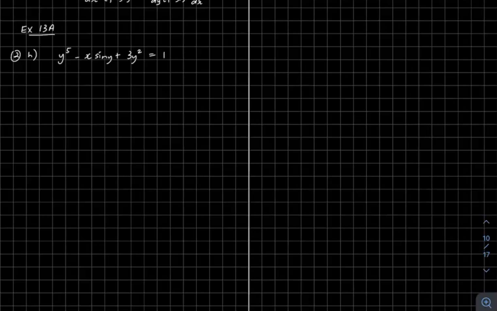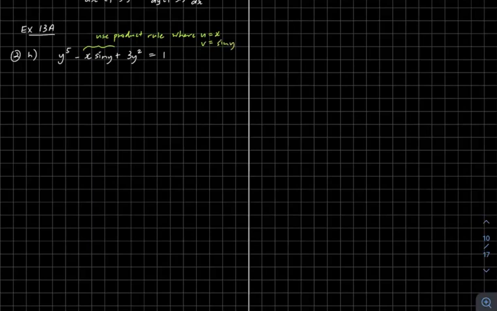What I want you to notice is that this middle term is actually a product of x and sine y. So we're going to use the product rule. So this one's sort of stepping it up in terms of complexity quite a bit. We're going to use the product rule where u is equal to x and v is equal to sine y.